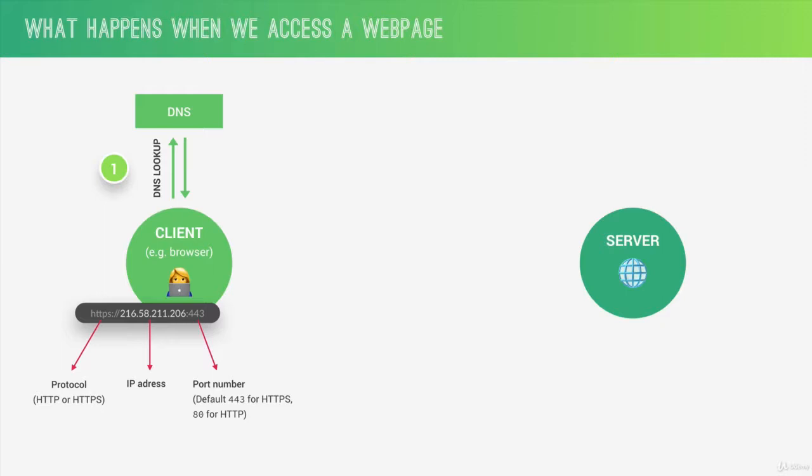So once we have the real web address, a TCP socket connection is established between the browser and the server, which are now finally connected. And this connection is typically kept alive for the entire time it takes to transfer all the files of the website. Now, what are TCP and IP? Well, TCP is the Transmission Control Protocol and IP is the Internet Protocol.